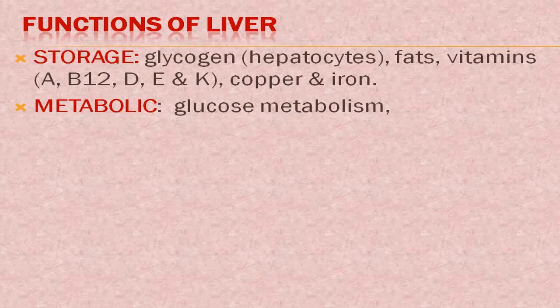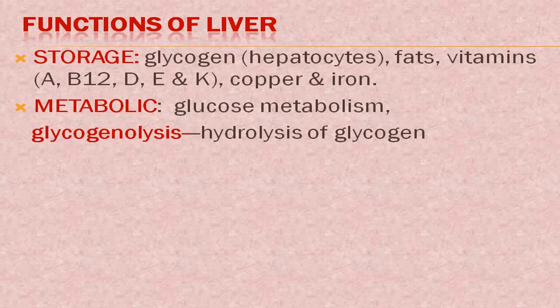Another function of the liver is metabolism, or it has a metabolic role. The liver is responsible for glucose metabolism, that is glycogenolysis, meaning breakdown of glycogen. Whenever glucose is required in the body, glycogen, which is a stored molecule in the liver, is broken down into glucose.